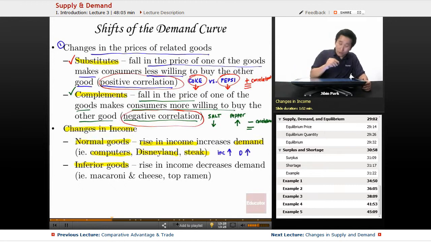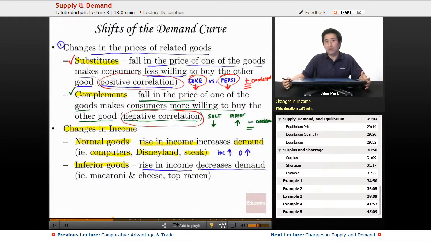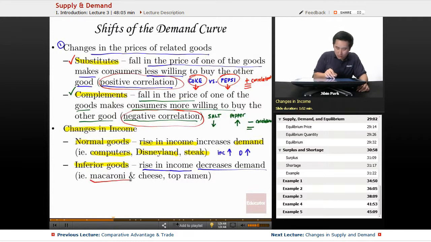Now, inferior goods actually work in the opposite way. So a rise in income actually decreases the demand. So again, there's some goods that are maybe unfairly targeted in economics books. I would say the most common would be mac and cheese and maybe Top Ramen.